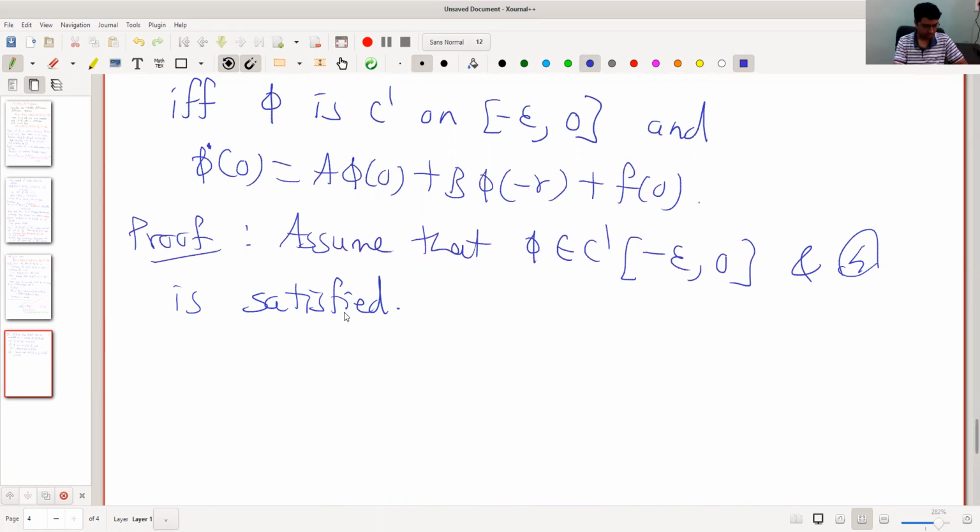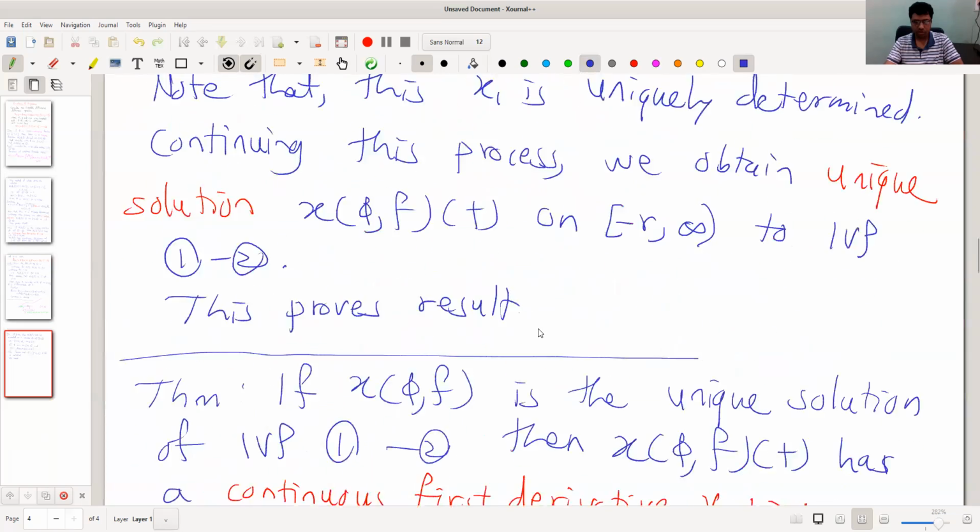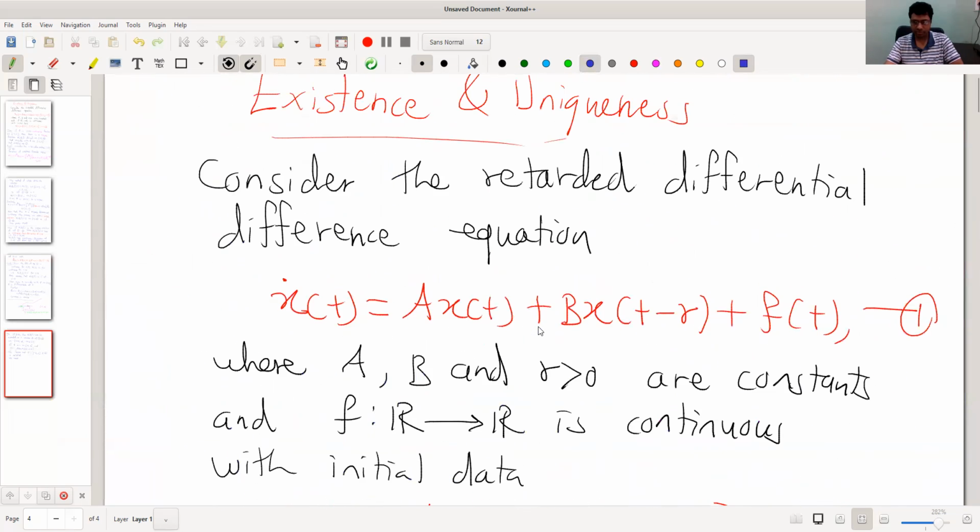So what we do, we consider equation 1. So we rearrange equation 1.